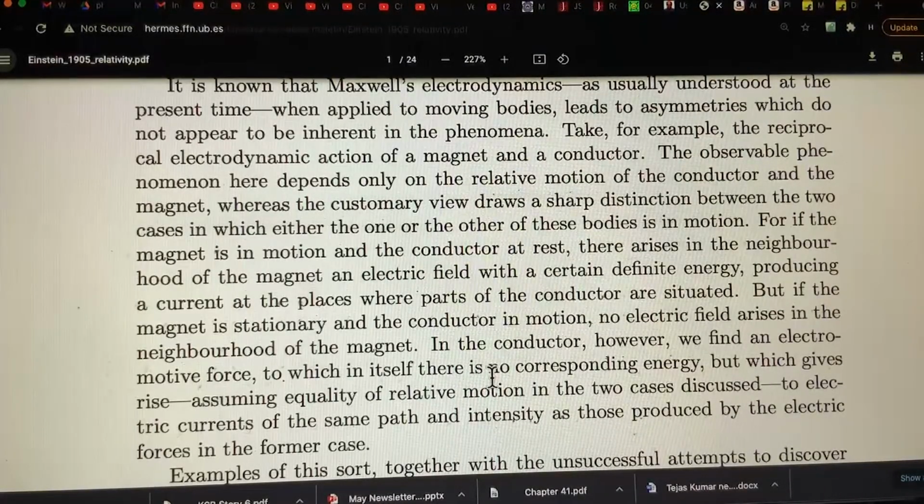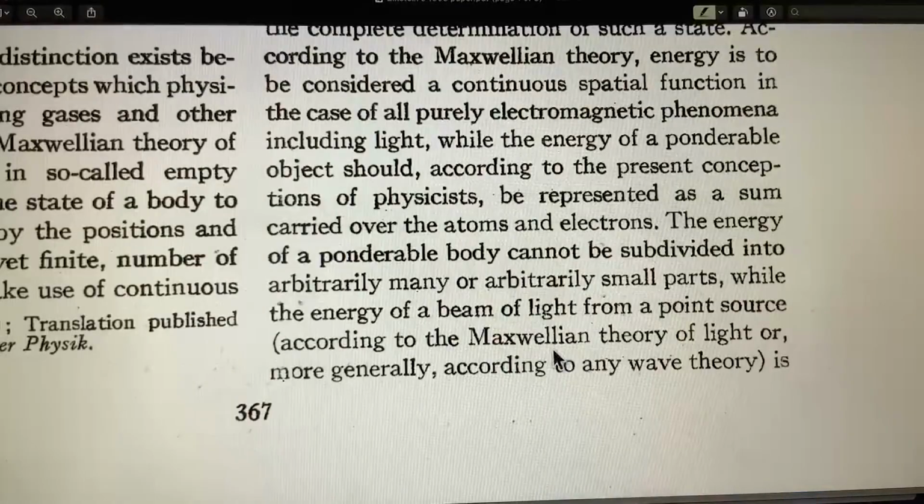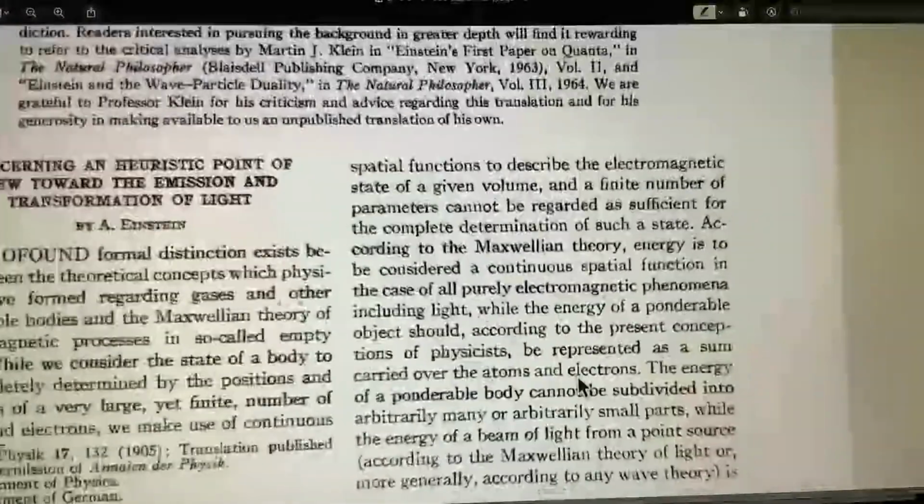So the interpretations are so different. Einstein based this entire special theory of relativity on this asymmetry. The asymmetry should not be there, and therefore one single rule should govern this case as well as that case. So he has this liking all the time for symmetry. All right.